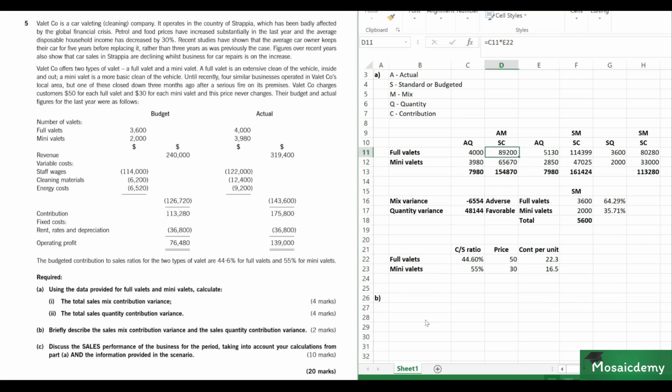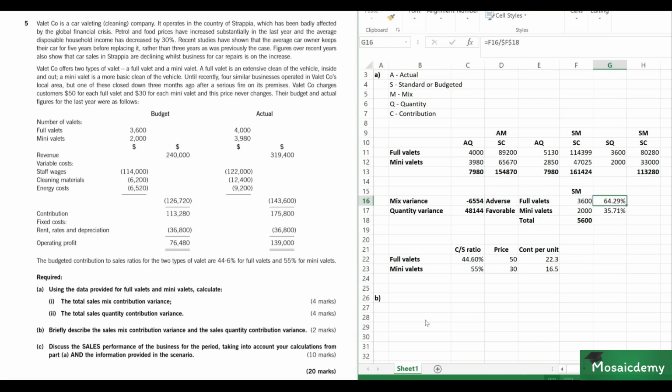As it stands, we sold much fewer full valets than expected. We only sold 4,000, and much more mini valets than expected, 3,980. Approximately a 50-50% split rather than 64 to 36%. What does that mean? We sold less of the full valets, which were the more profitable product, and we sold more of the mini valets, which is a less profitable product, than we should have. And that's why our mix variance was adverse, because we made less profit overall.